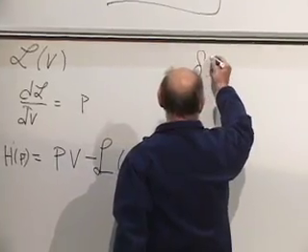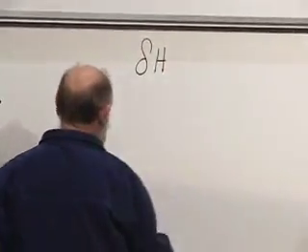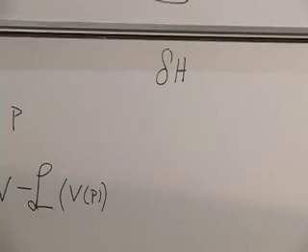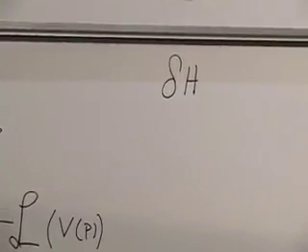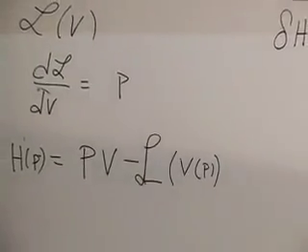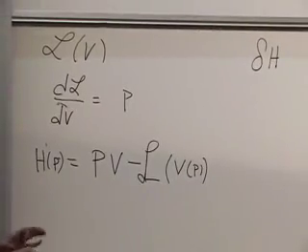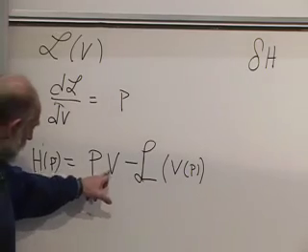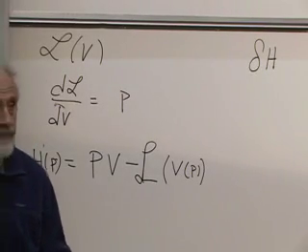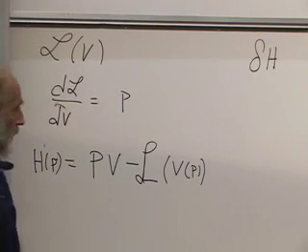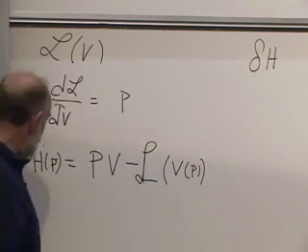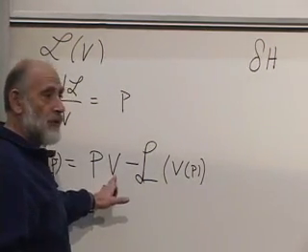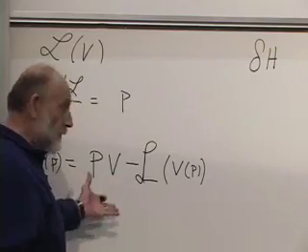The change in H, let's just call it delta H, a small change in H, is first of all, what's the change in a product? If we make a small change in the values of some variables, what's the change in a product? The sum of two terms, one term being the first factor times the change in the second, and vice versa.